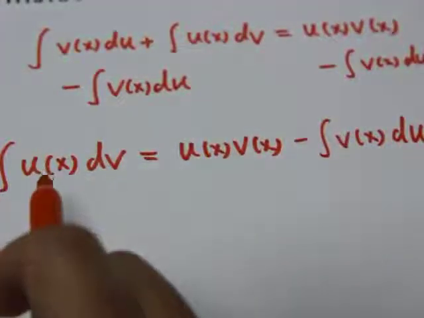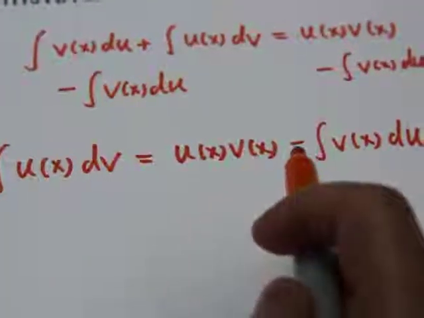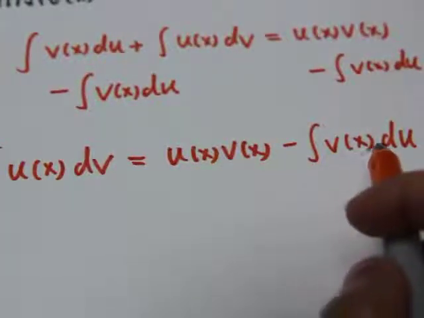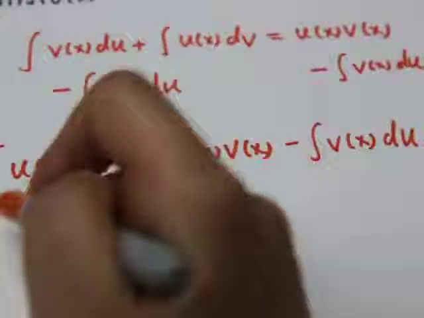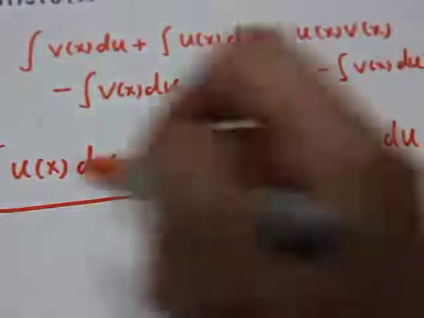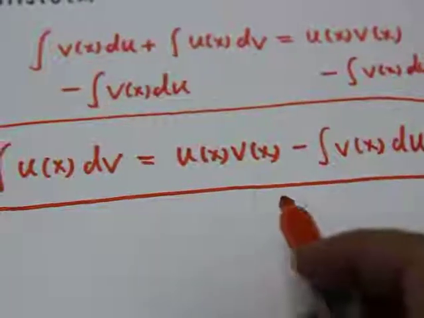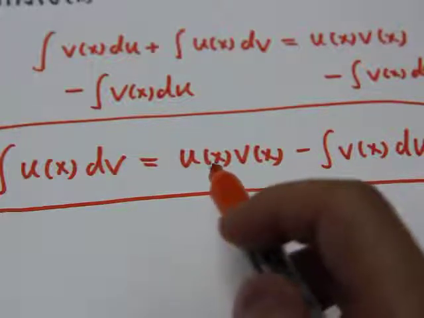So the integral of u(x) dv equals u(x) times v(x) minus the integral of v(x) du. And this is the formula. This is the formula we use when we integrate by parts.